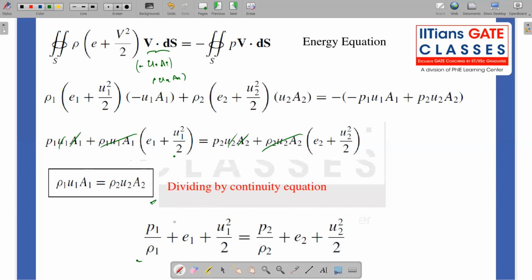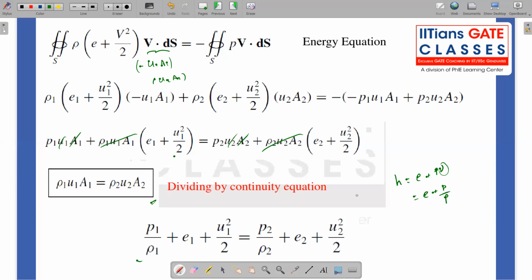What is this one, P1 by rho 1 plus E1? This is coming from our thermodynamics idea, right? Enthalpy is nothing but internal energy plus flow work, P V, or I can even write P by rho, since V is the specific volume, which is nothing but 1 by density.